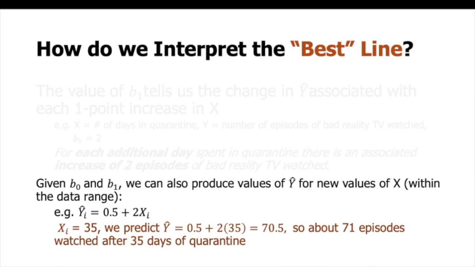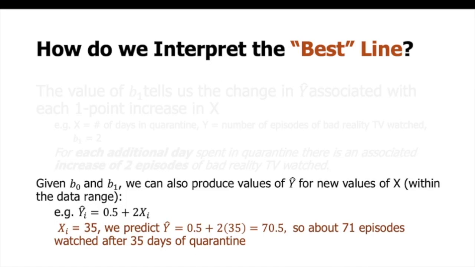Anyway, back to this example. If we know the intercept and the slope, we can actually say exactly what the predicted value is for any value of x. For example, let's say our intercept is 0.5 and our slope was 2, like it was before. If we're on day 35, we can ask, how many episodes do you think we've watched at this point?